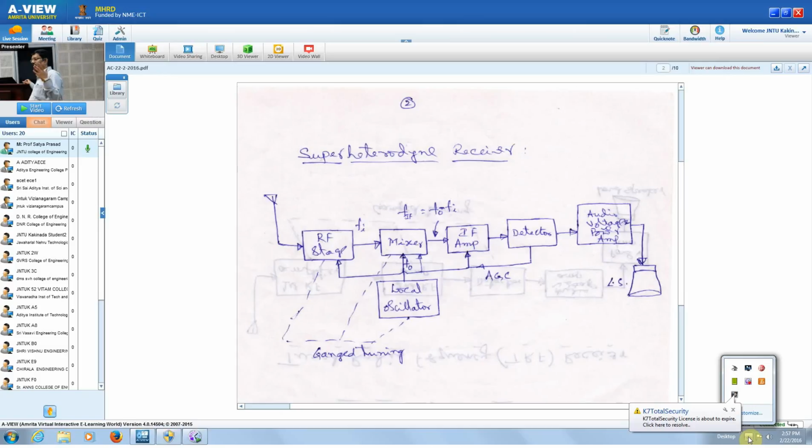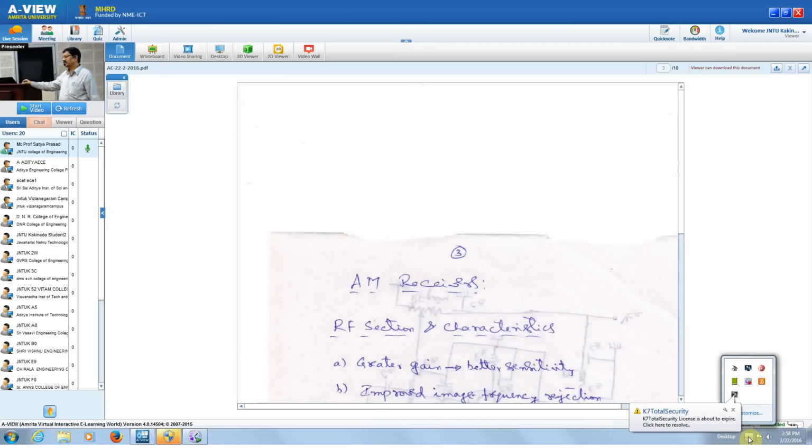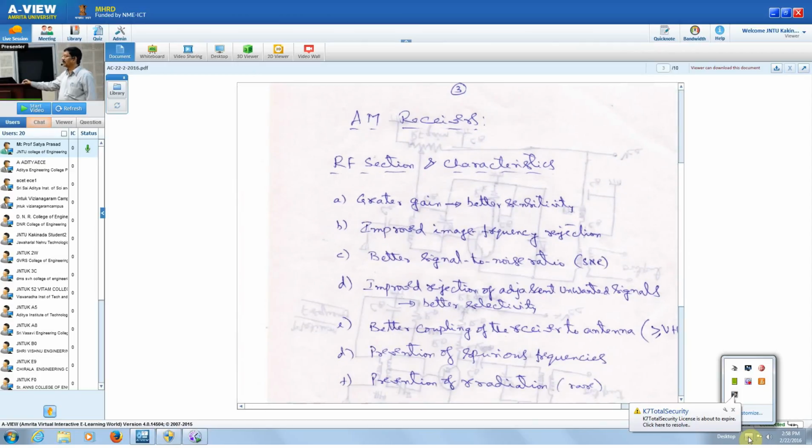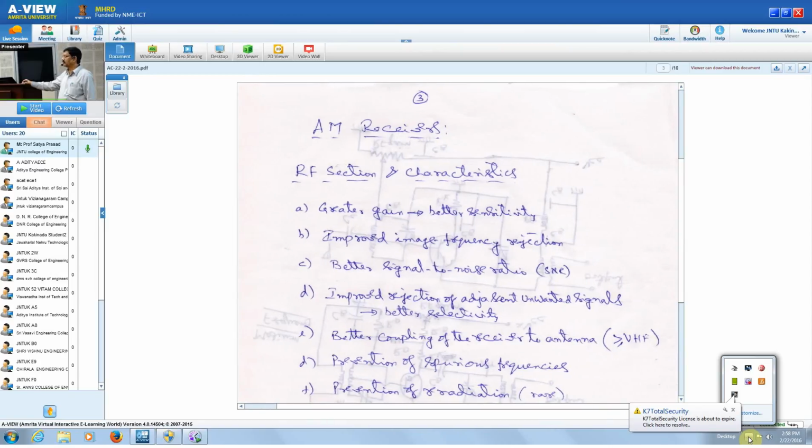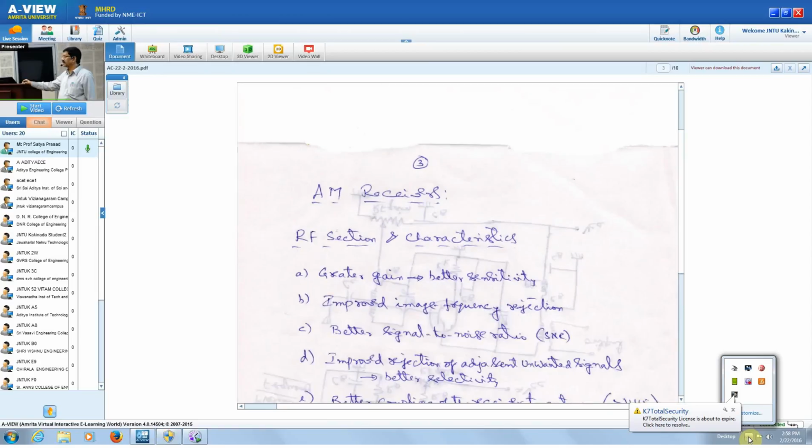Therefore, your basic requirement is the core, inductor and capacitor. Along with that, the required signal is also going to be induced onto your tuned circuit.